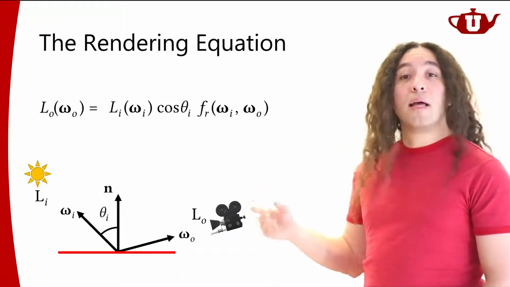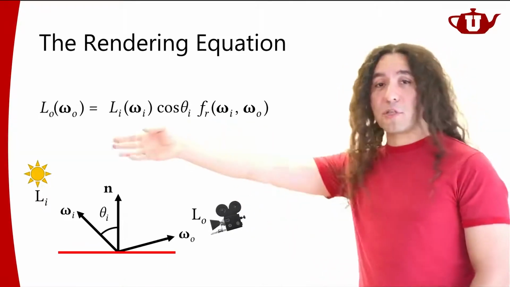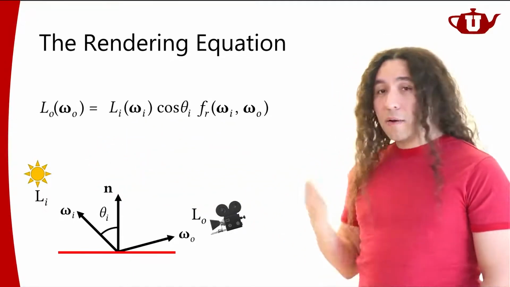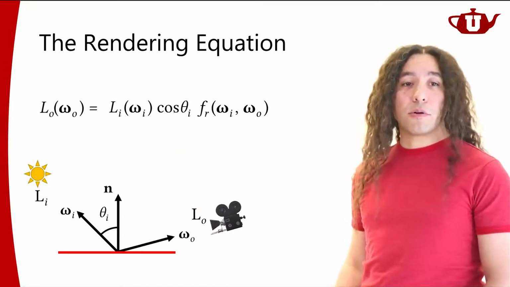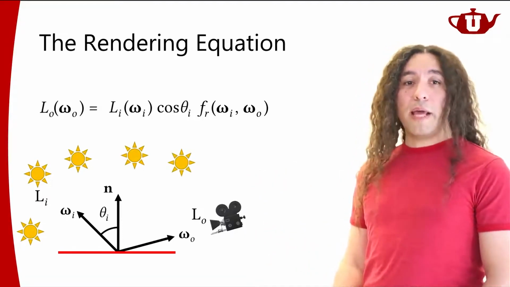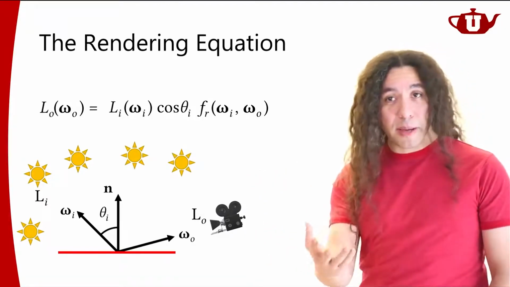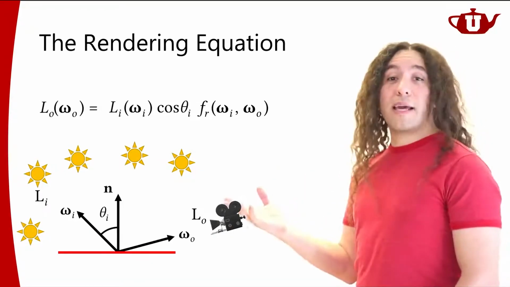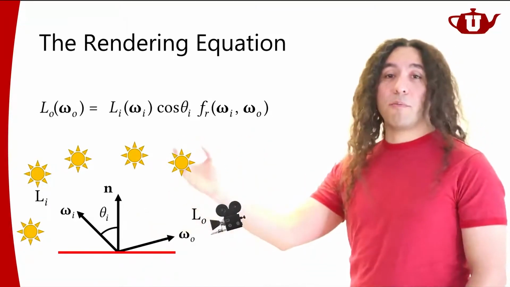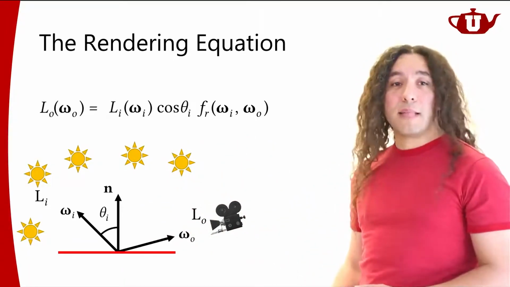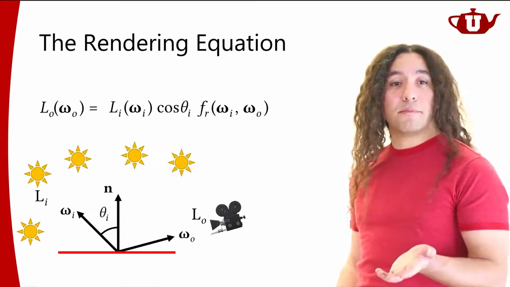Okay, so this is what happens if I have just one light source and the light is coming from this omega_I direction. What if I don't have one light source, but a whole bunch of light sources? What do I do now? We talked about this briefly last time, if you remember. In this case, light is coming from a whole bunch of directions, and by the property of light, I am just going to add them, right?